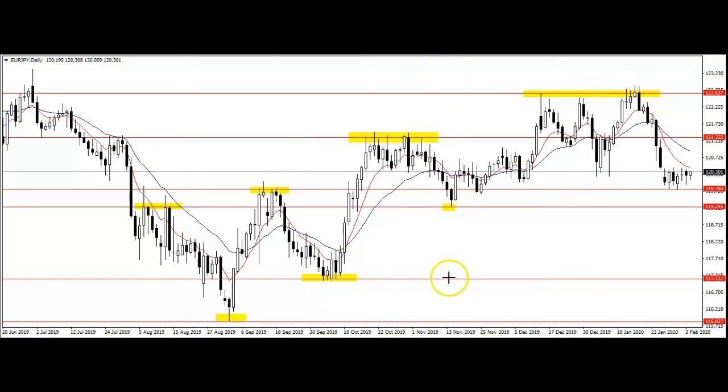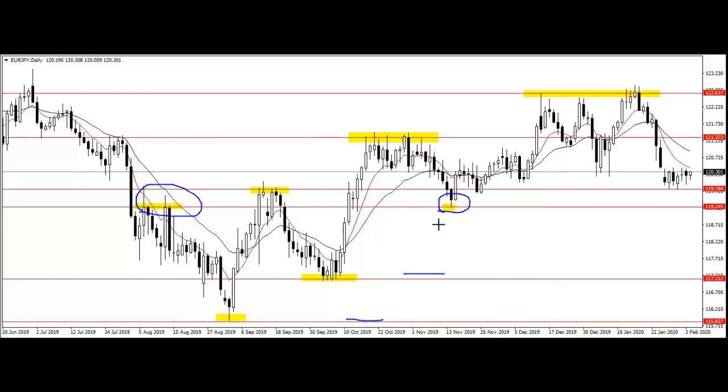So what we have here, we'll just cover the relevant levels first of all. Way down here at around the 115,830, we have support. We have support here around the 117,100 area. We have resistance here at around the 119,240. That has now turned support through this candle here, this swing point.